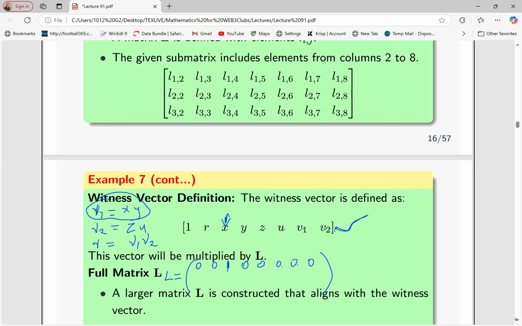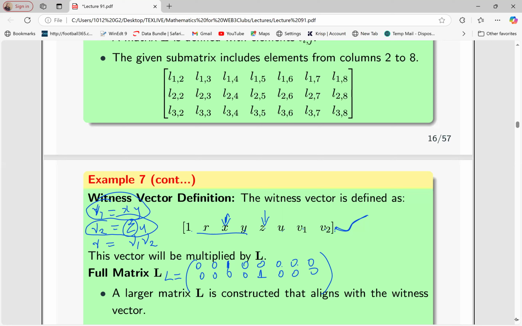Let's go to the next row. The left value is Z, so Z will be 1. The rest will be zeros: 1, 2, 3, 4 zeros. And then 1, and the rest again are zeros: 1, 2, 3.